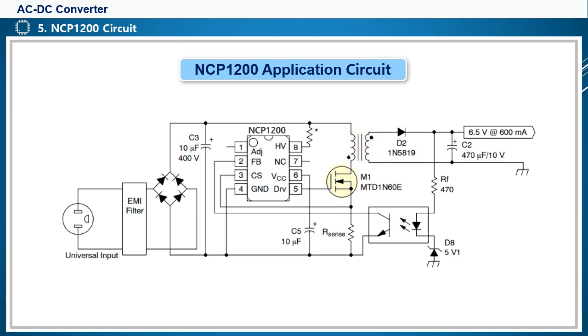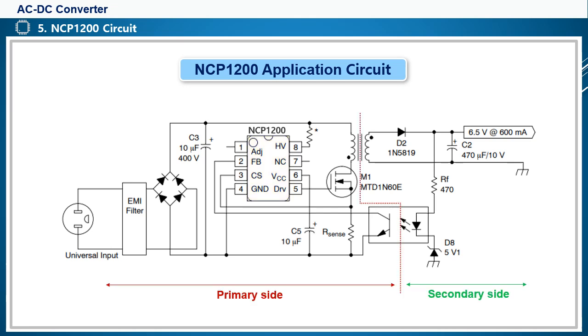Switching device for high-speed switching of high voltage DC. A diode and a smoothing capacitor to convert the square wave of the secondary side of the switching transformer into DC. A photocoupler, which is a feedback element to keep the output voltage constant. And it consists of a control IC for driving the switching device based on the feedback value.